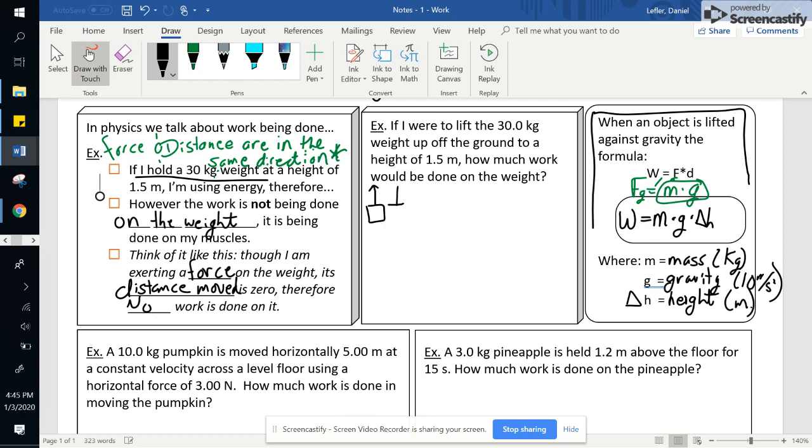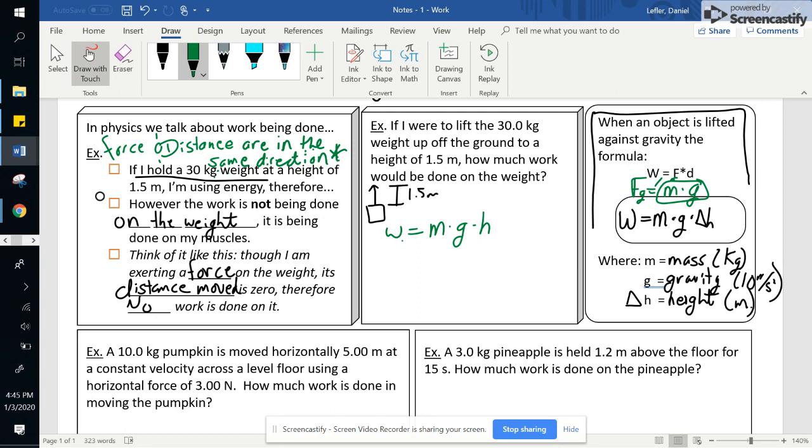We're going to move it a height of 1.5 meters. So we're going to use the formula. Let me switch colors here. Work equals mass times gravity times height. Anytime we're dealing with picking something straight up in the air, we're going to use this formula.